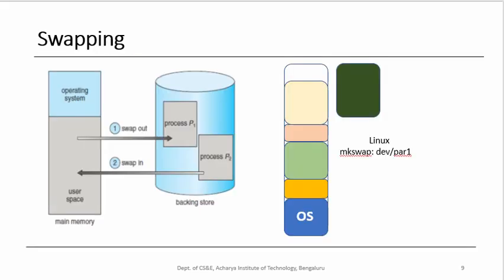Okay, let me introduce you to another important topic in memory management, that is swapping. As we have discussed, the operating system, once loaded into the main memory, is going to stay in the main memory permanently, and the remaining part of the main memory could be used by the user processes.